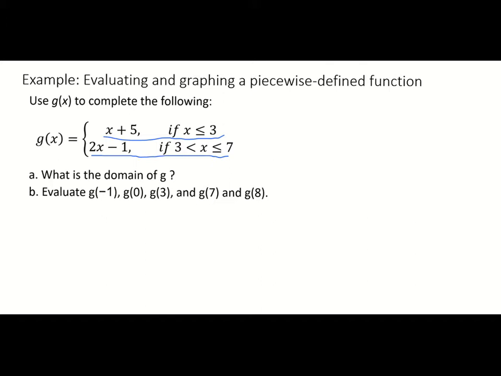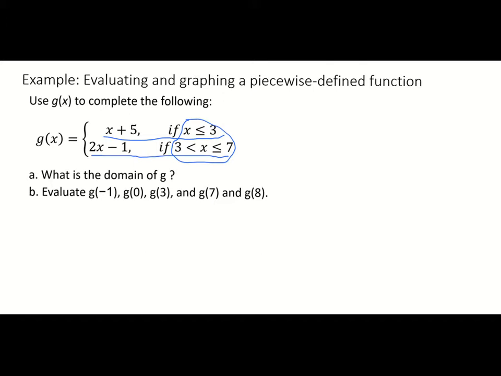And if we look at our inequalities here, our domain of g is going to be defined by our two inequalities. Our first one says x can be less than or equal to 3. And then our second one says that x can be greater than 3, but it has to be less than or equal to 7.